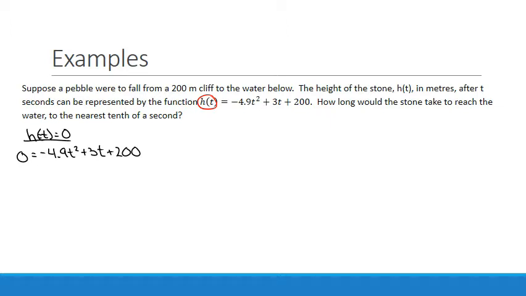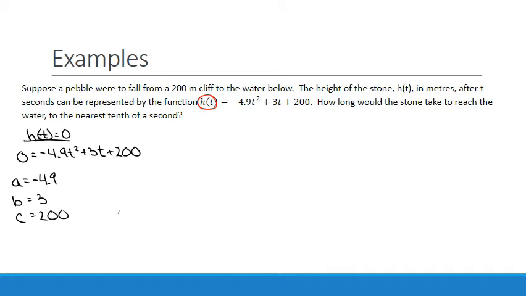So really what I'm going to be doing is solving for t, which on a parabola means we're going to find the x-intercepts, or the t-intercepts in this case. I don't want to use factoring, even though it's got a linear term, so I'm going to use my quadratic formula, take my time, and I'll get to my answer. A, B, C. A would be negative 4.9, B is 3, C is 200.